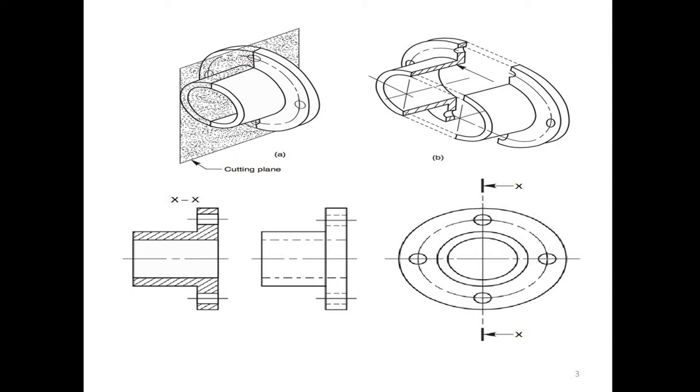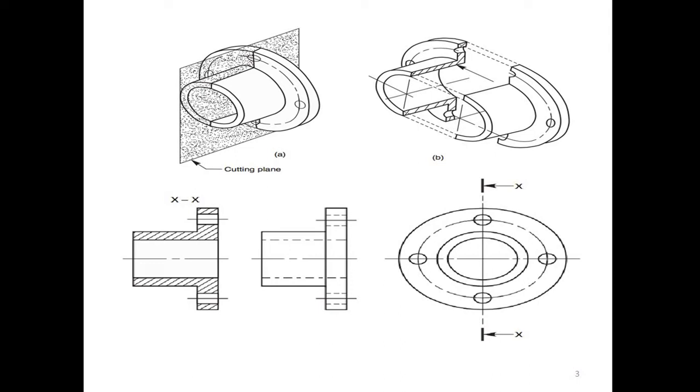In diagram B, the section XX cut section is given, in which the solid portion is shown by hatched lines, and the internal hole, that is the bore, is clear, and the two holes are also clear in the sectional view. Then the orthographic projection is also drawn. On the right hand side, cutting plane XX is taken, and when it is cut, the view is shown as a left hand side view, section XX.